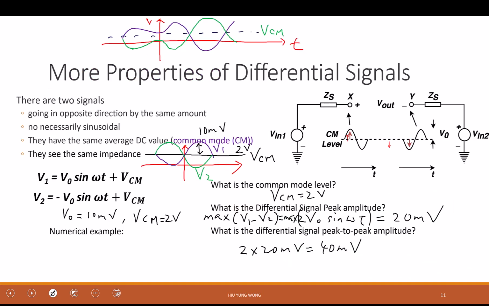So, what is the differential signal? When I say differential amplitude, it means that the differential signal is defined as the difference of these two signals.